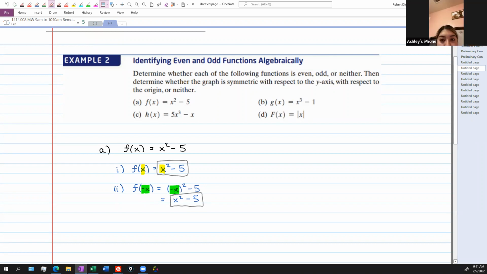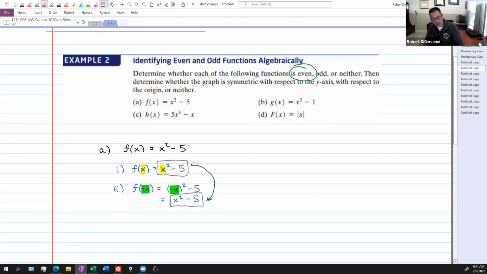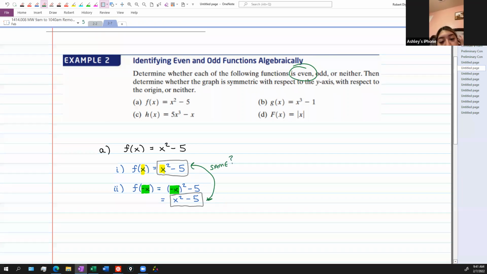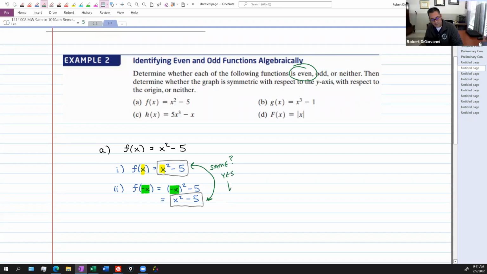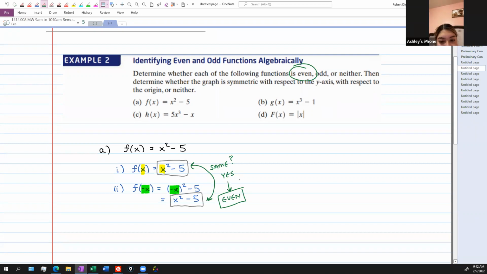To check to see if this is an even function, what you're gonna do is ask yourself, are these the same or not? So are they? Is x squared minus 5 the same as x squared minus 5? Yes. Right? So that means it's an even function. Got it? Yes. Okay. Now, had they not been the same, we would do something else, but that's the first thing you always do with a problem. And hopefully it's even. If it's not, you have to proceed.